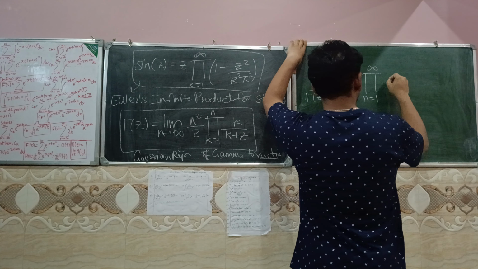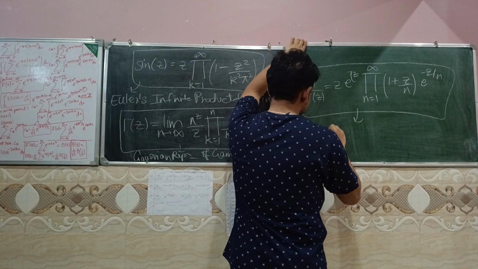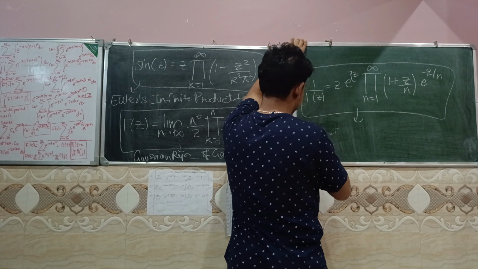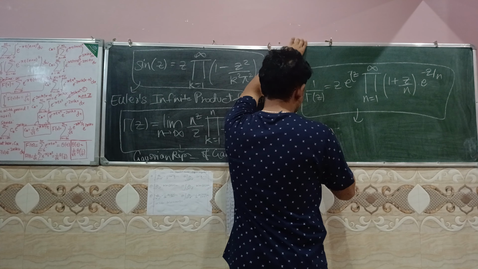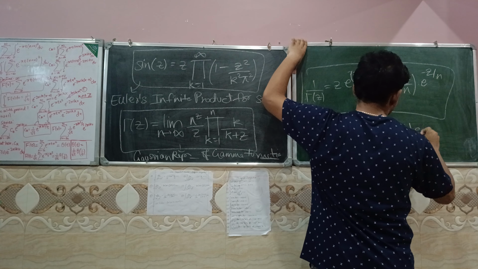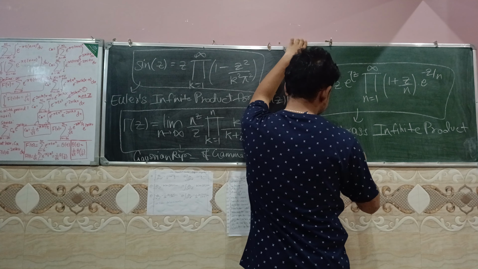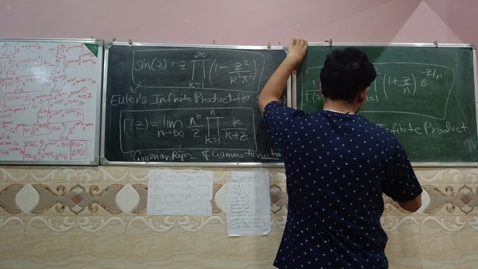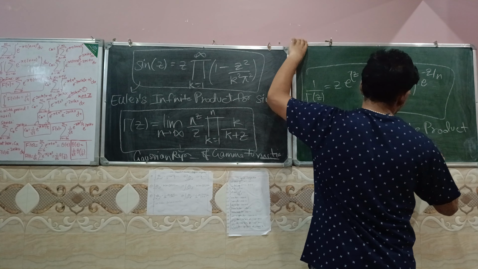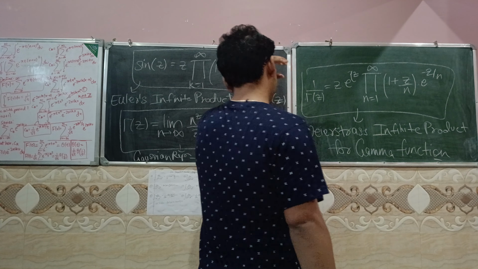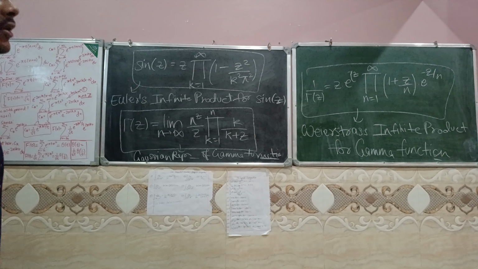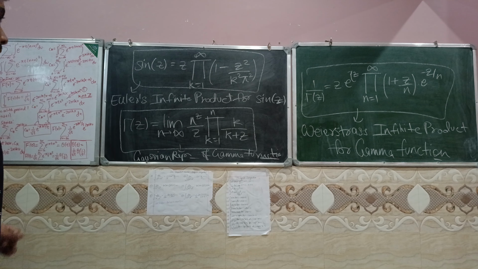This is the Weierstrass infinite product for the gamma function. We have discussed both of them separately in two separate videos.